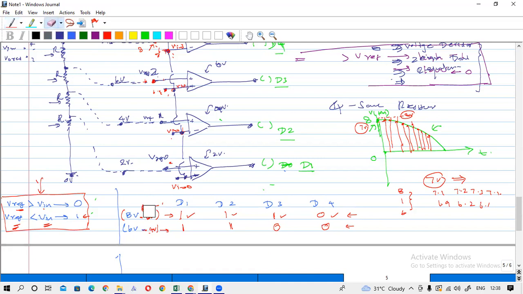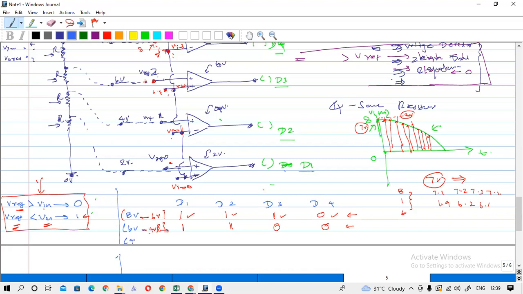So please note that this is not equal to 6. 8 to 6, that is why I write it in red. So 6 volt is not included here. This 6 volt up to 4, and 4 volt is not included here. Above 4 volt, 4.00 like that.